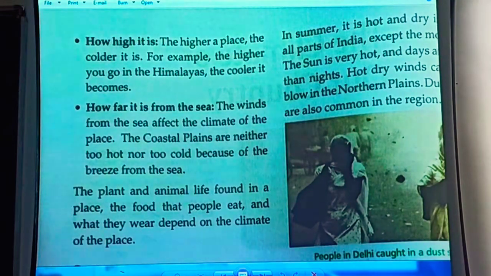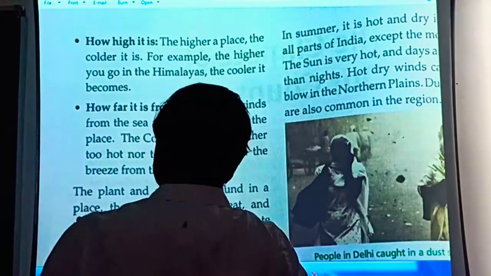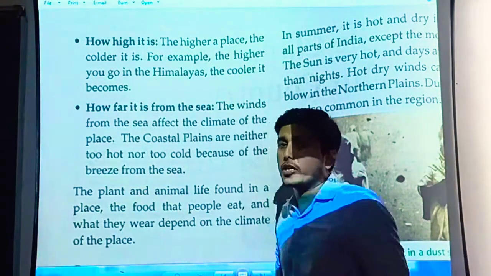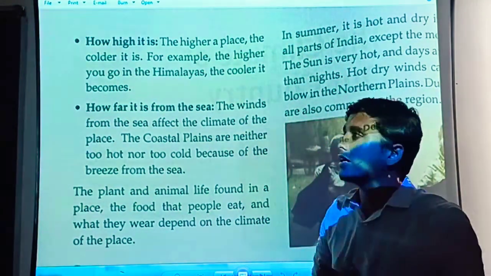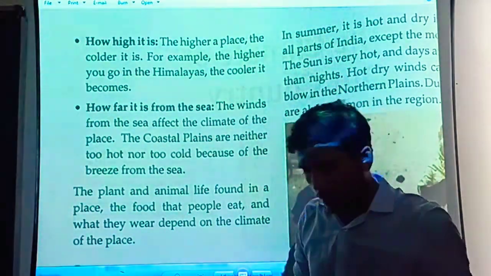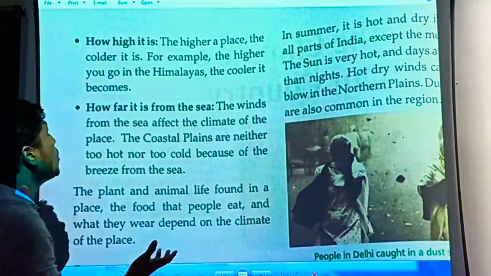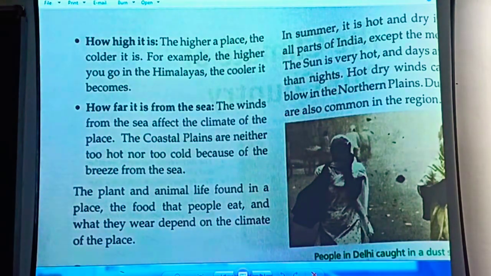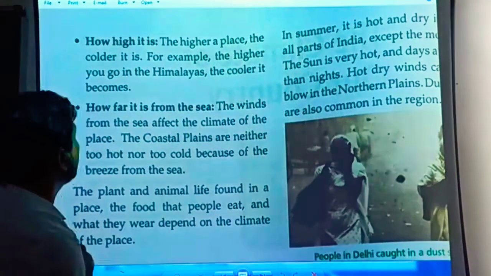Now let's talk about another factor which causes a change in the climate of a place. That is how high it is. We have to see how high that place is. The higher the place, the colder it is. For example, the higher you go in the Himalayas, the cooler it becomes. Very obvious.